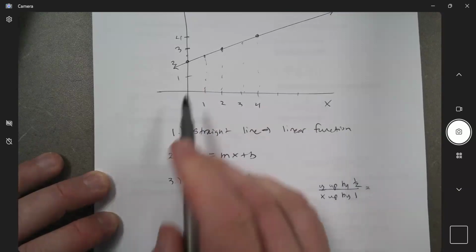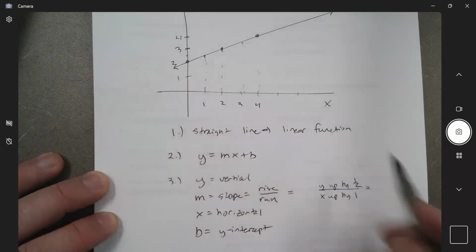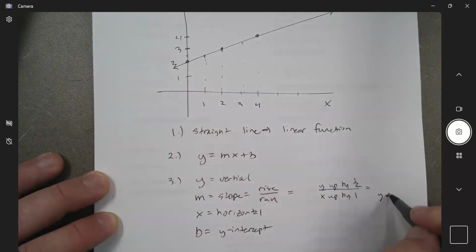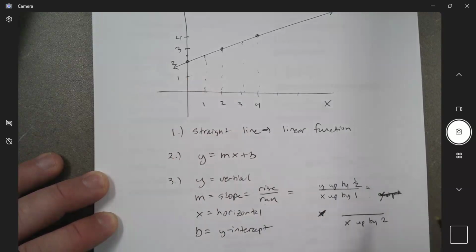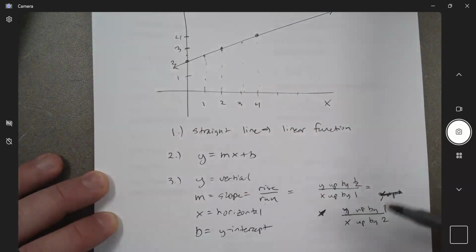So you could also say, well, when x goes up by 2, y is up by 1. And those ratios are the same, 1/2 over 1 or 1 over 2.